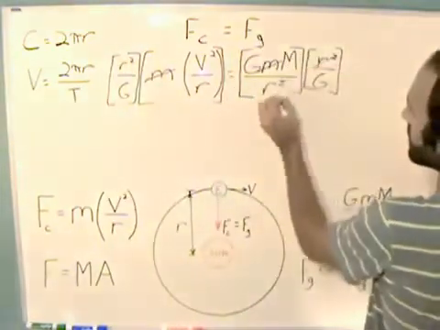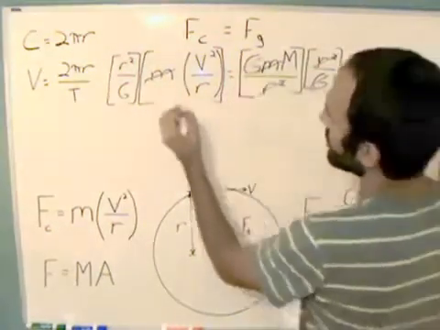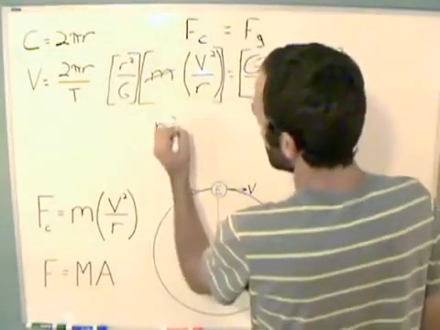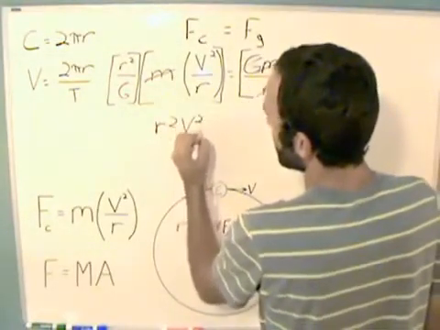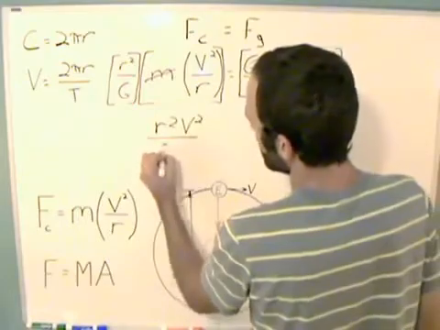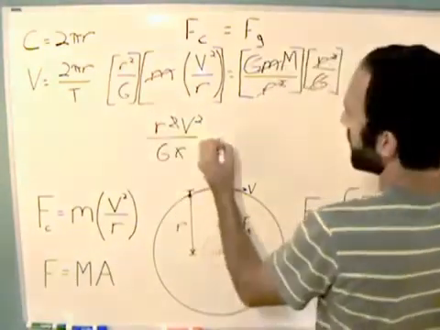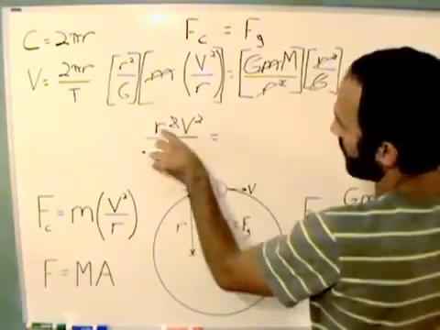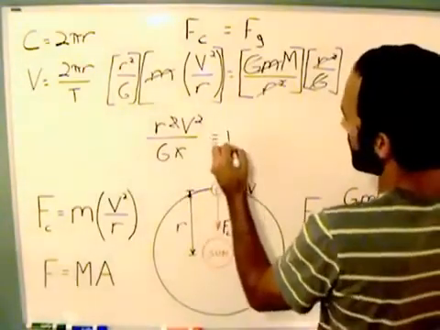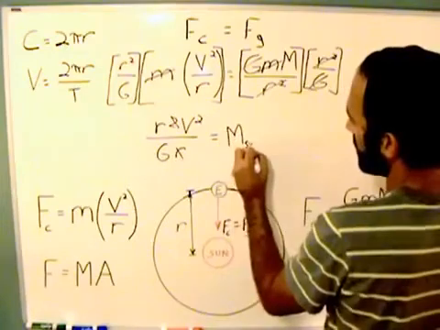So R squared cancels, G cancels. Over here you've got R squared times V squared over G times R. And then this R cancels. So you really just have R times V squared over G is equal to the mass of the Sun.